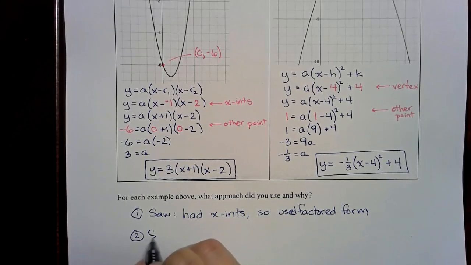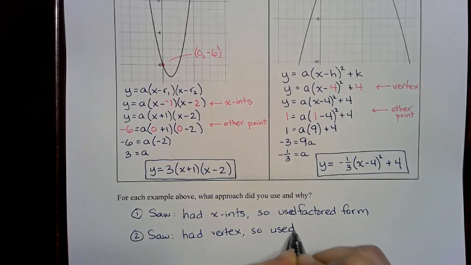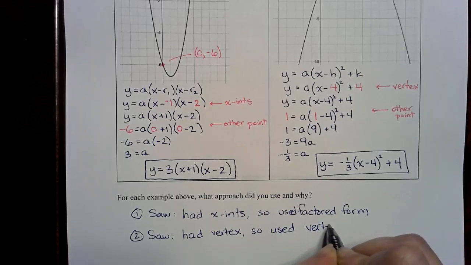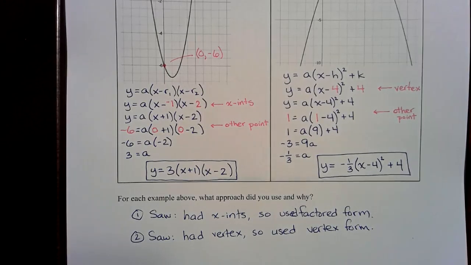In number 2, we saw that we had the vertex, so we used the vertex form. And it's as simple as that.